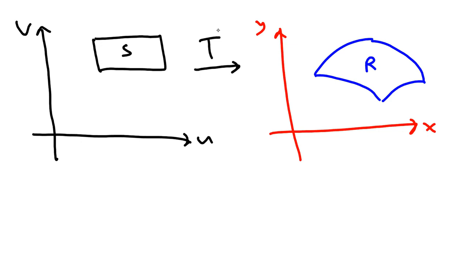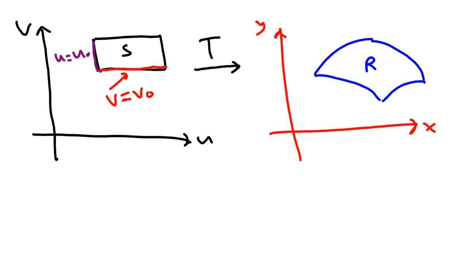Okay, so let's just do a little bit of notation. Let's say, for example, that we're going to call this side v equals v0. v0 is a constant number, and so this side of the little rectangle would be v equals some number. And similarly, maybe this side we would call u equals u0.